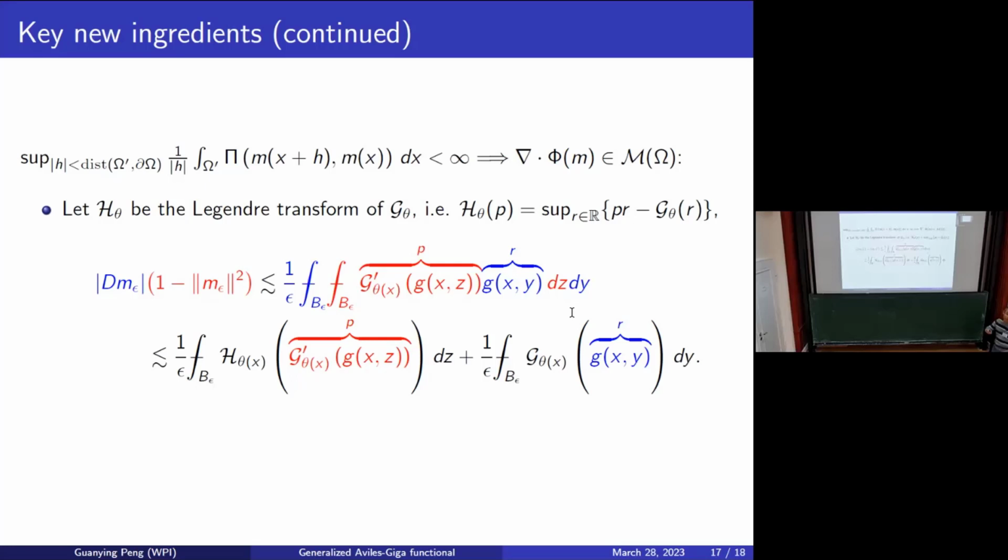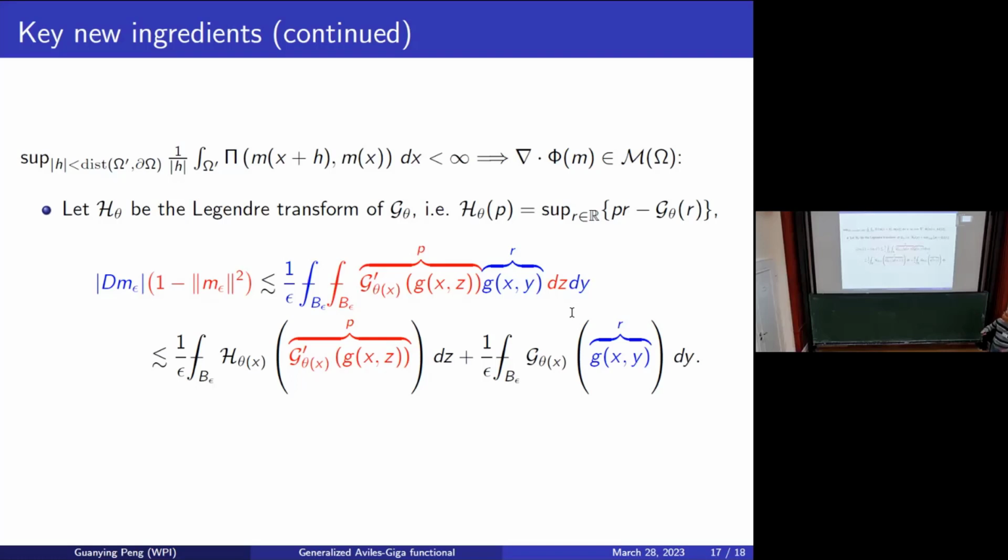Using some explicit calculations based on this fact and the definition of the Legendre transform, we can also show that this can be controlled by pi with the help of the doubling measure assumption. Then, doing a similar thing, we integrate over omega prime and clear out the integration of c, and then we can control the integration of this part over omega prime by this quantity.